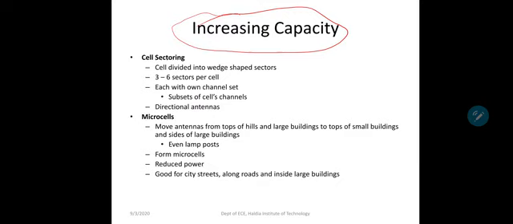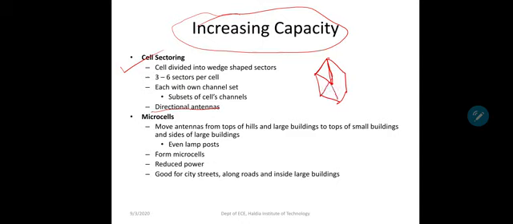Therefore, there are two other methods by which we can increase the capacity of a cellular network. The first method is known as cell sectoring. In cell sectoring, if we consider a hexagonal cell, as I am drawing along with this presentation, a particular hexagonal cell which earlier used to have only one allotted set of channels for communication and one antenna system, that is, one base station, we are now using directional antennas to create wedge shaped cell sectors like this.